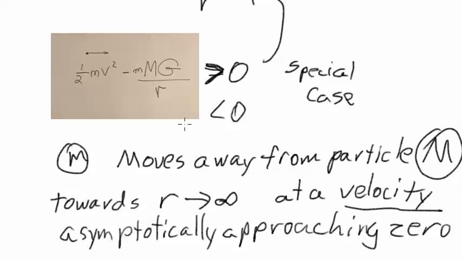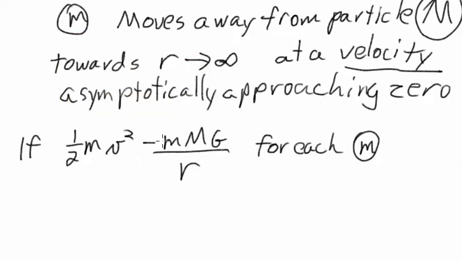However, if 1/2 mv squared minus GMm over r is less than 0, that's basically energy per particle. This is kinetic energy, and this is gravitational potential energy.